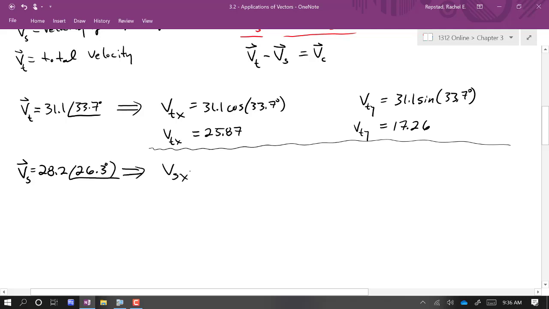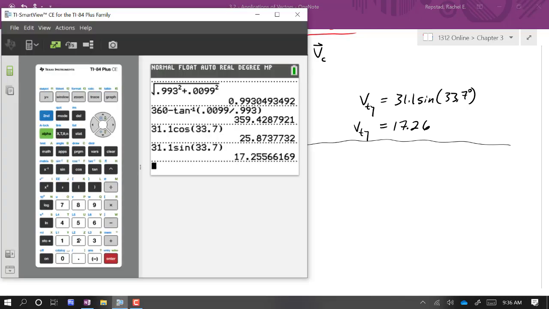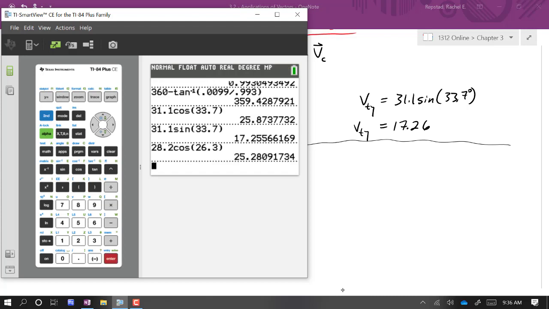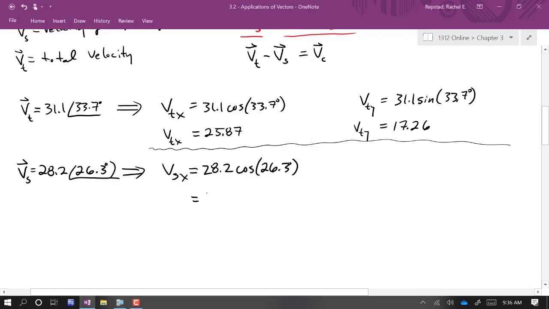So VSX is magnitude times cosine. That gives us 25.28.